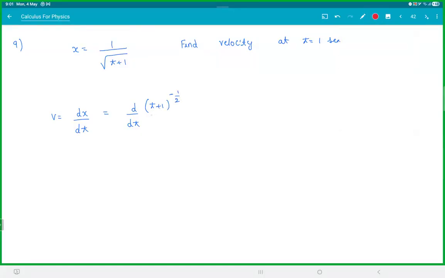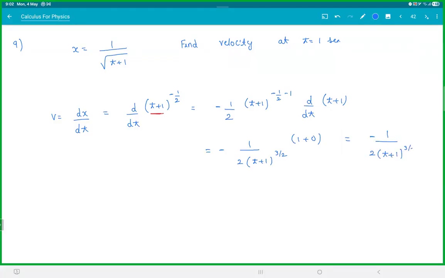So this is looking like a function to the power of minus half. So this would be minus half, the function which is t plus 1 whole power minus half minus 1, and then differentiate whatever is inside. This will be minus 1 by 2 into t plus 1 whole power 3 by 2, and that's 1 plus 0. You're asking at t is equal to 1. So if you put t is equal to 1 here, I end up with minus 1 by 2 into 2 power 3 by 2. Or you can write that thing as minus 1 by 4 root 2.